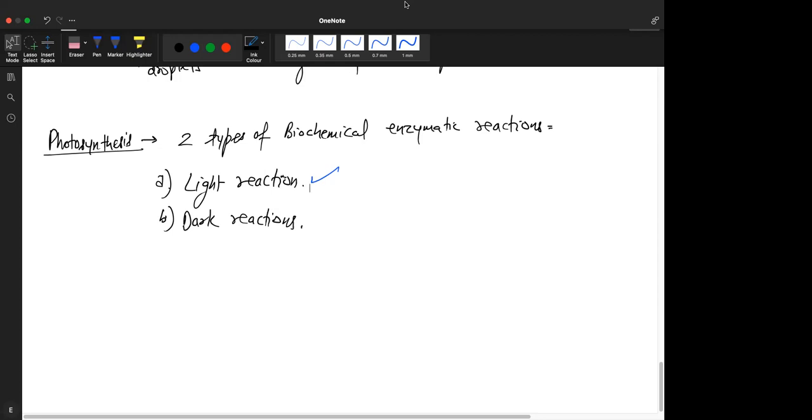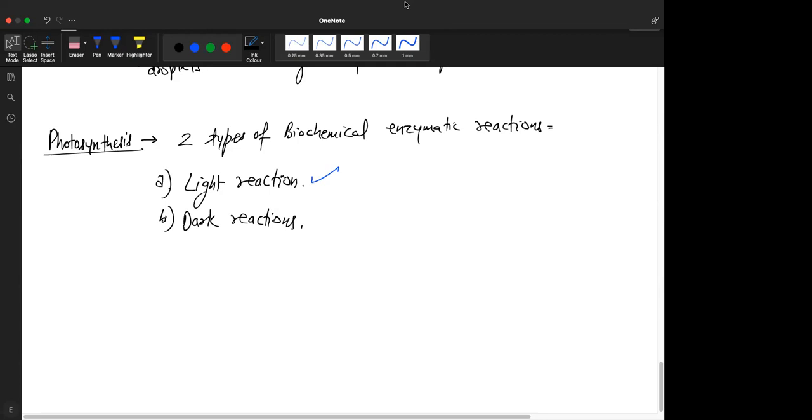Both these ATP and NADPH are energy molecules having energy in the form of chemical bonds.